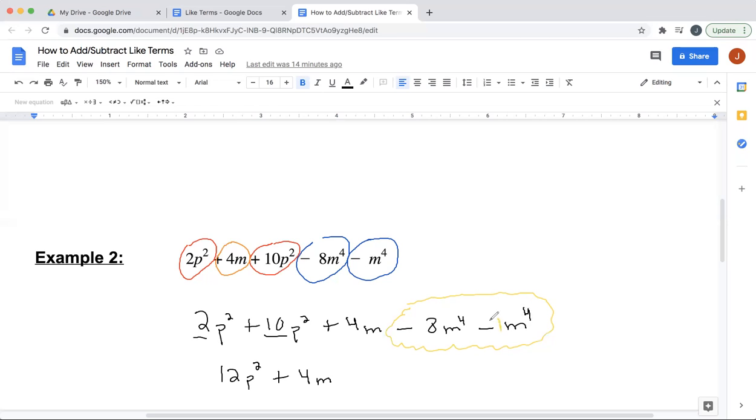So in reality, because we have these two negatives back to back, they're going to be adding. They're going to be combined. So technically speaking, that's exactly the same thing as negative 8 plus negative 1, and we end up getting negative 9. So we add the negatives. So my final answer here will be minus 9m to the power of 4.